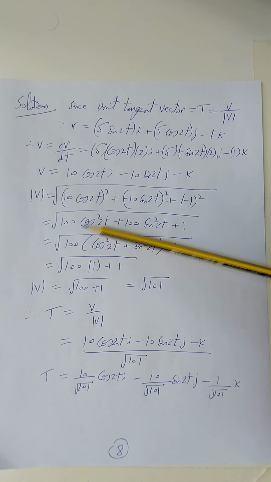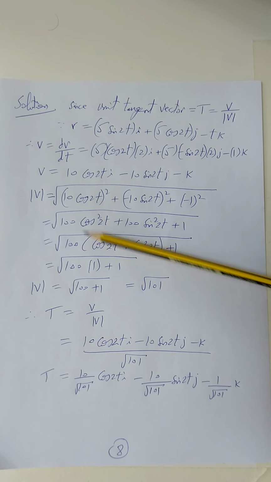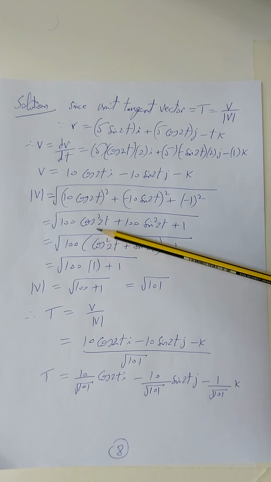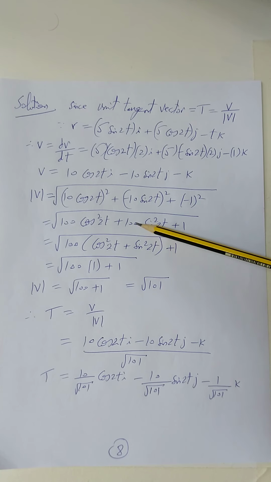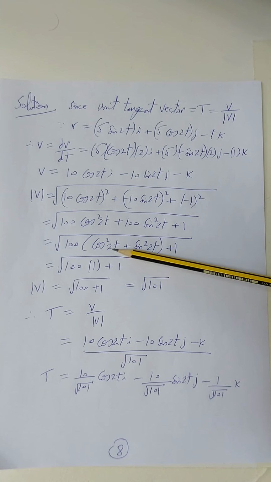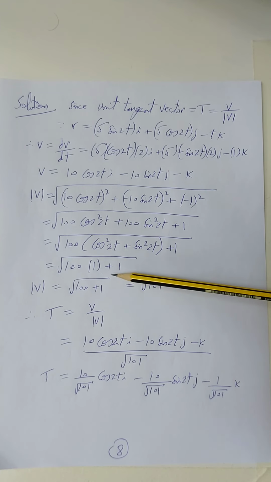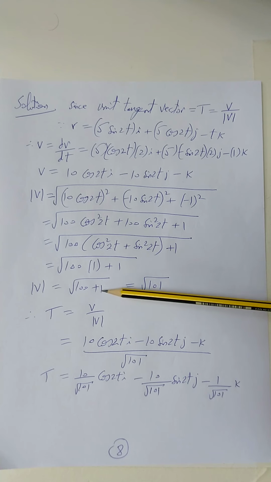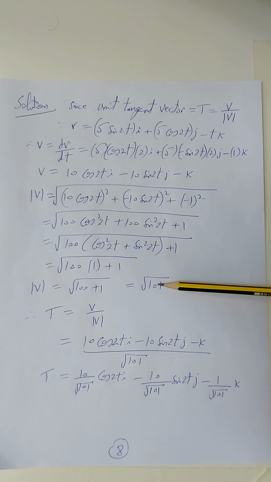Taking 100 common, cos squared 2t plus sin squared 2t is 1, so 100 into 1 is 100, and 100 plus 1 is 101. So the magnitude of V is square root of 101.